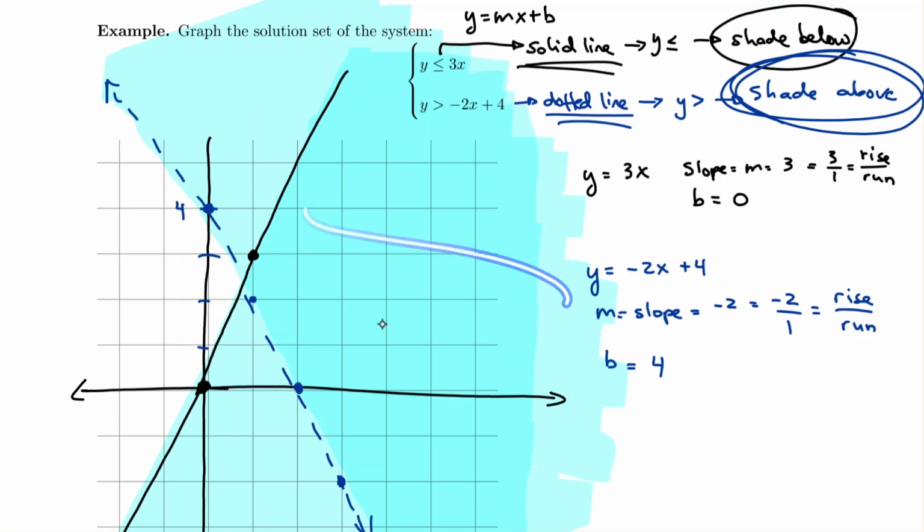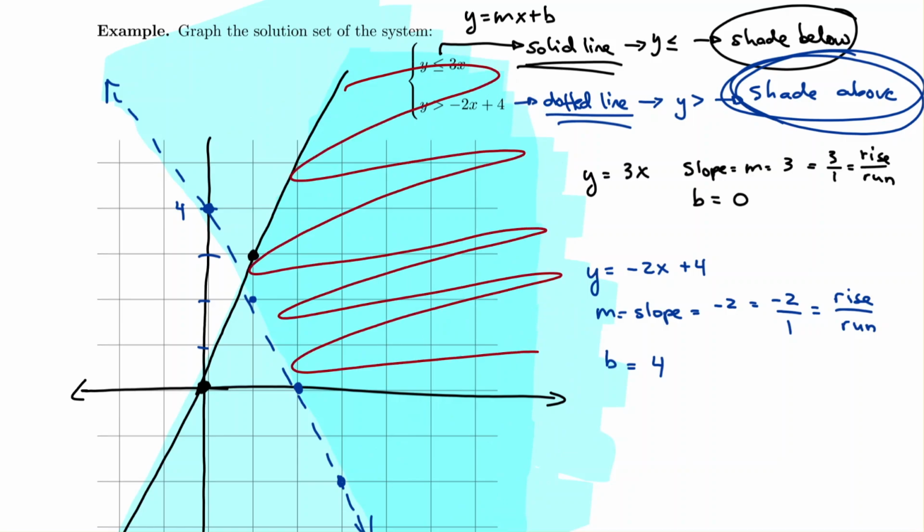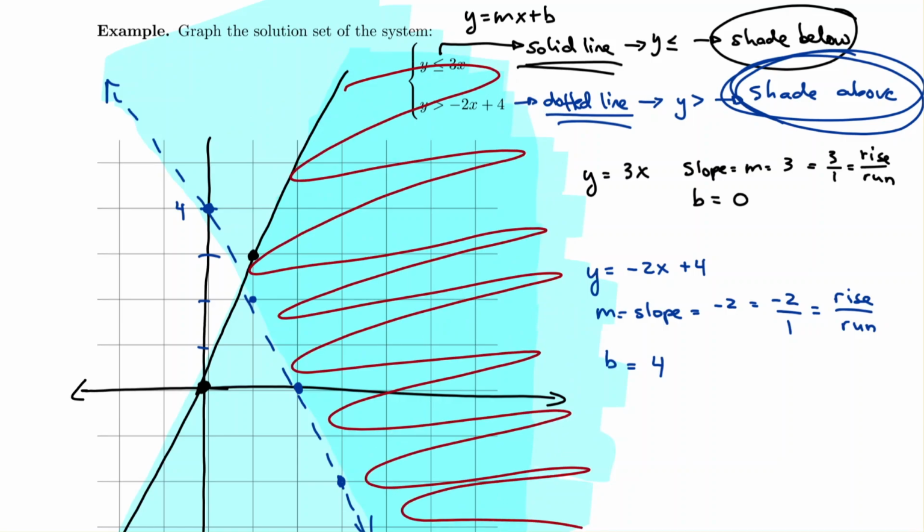Below is all of this one, above is all of this one. The only place that they overlap is in this region here. So just to make it clearer, this region here is the overlap. And we'll be looking for that visually, if it's provided for us, as which region is shaded darker.